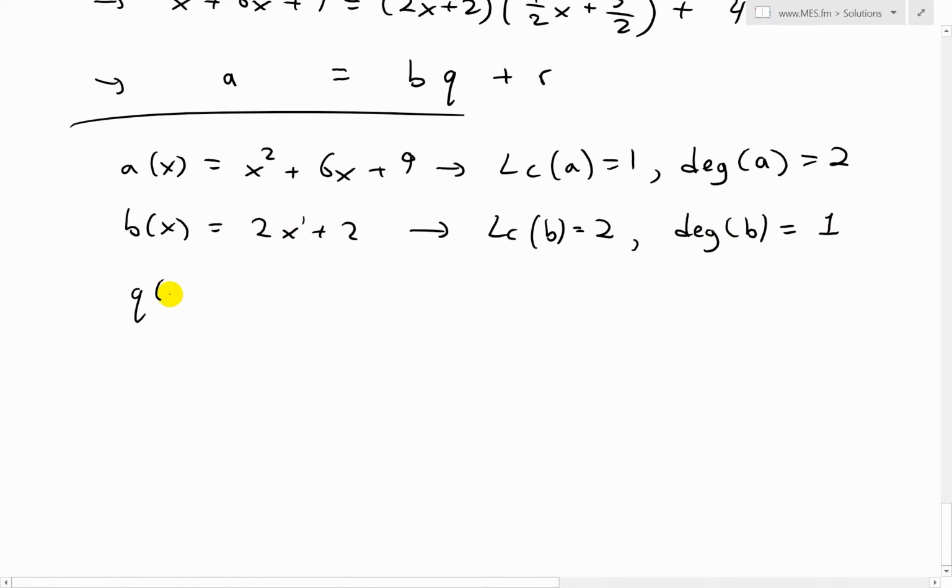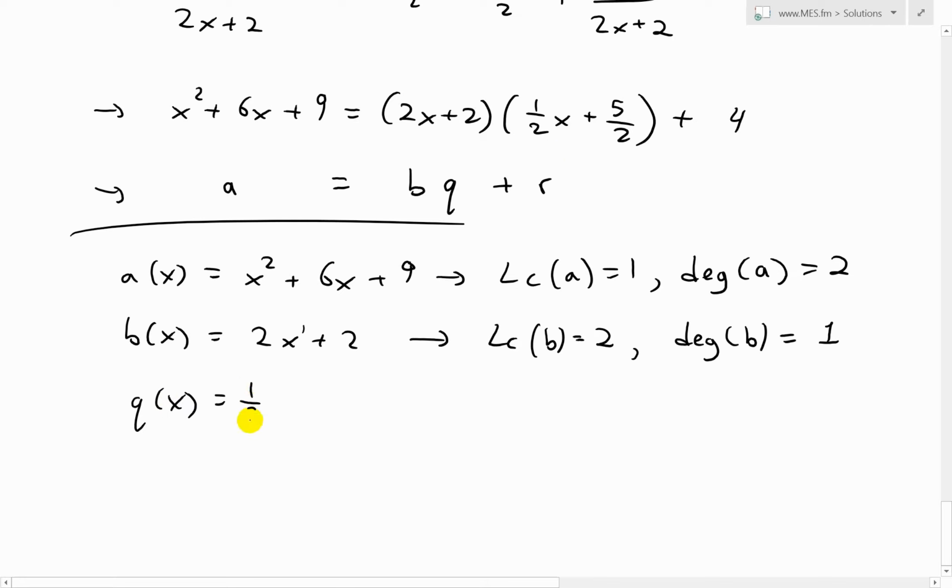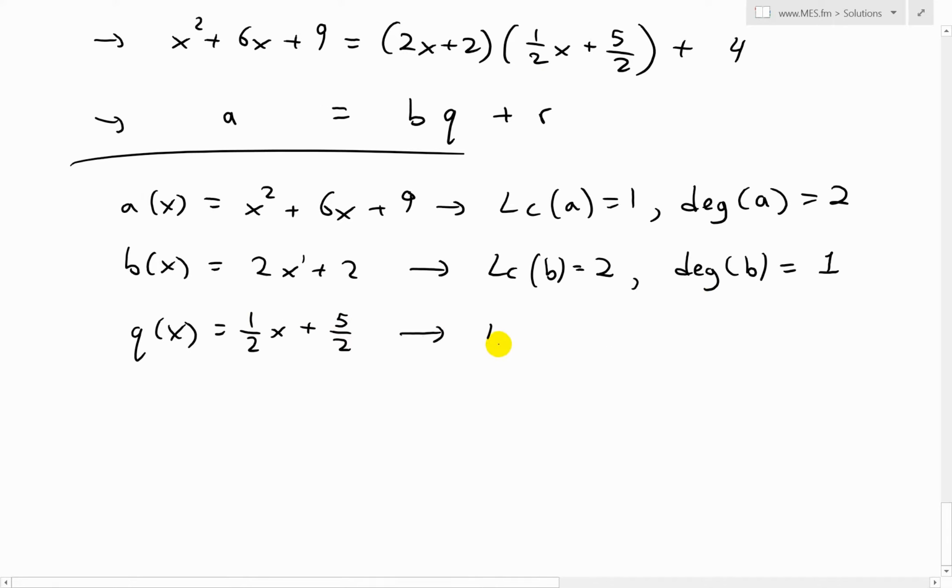Likewise for q of x equals 1/2 x plus 5 over 2. Now the leading coefficient is going to be 1/2, and the degree is going to be 1 as well.